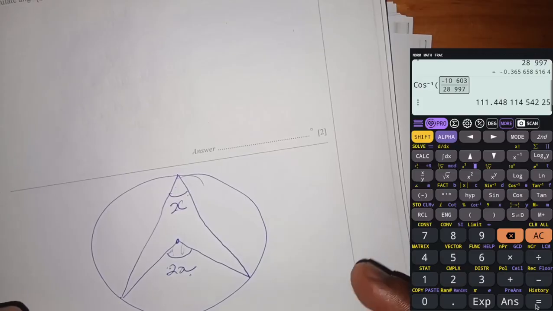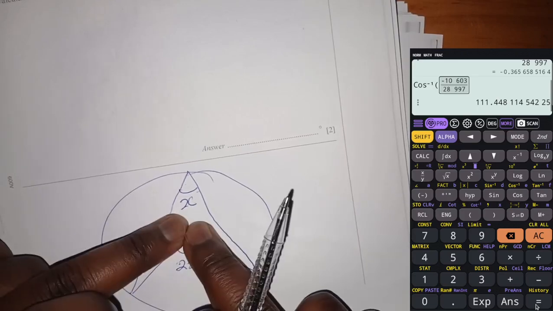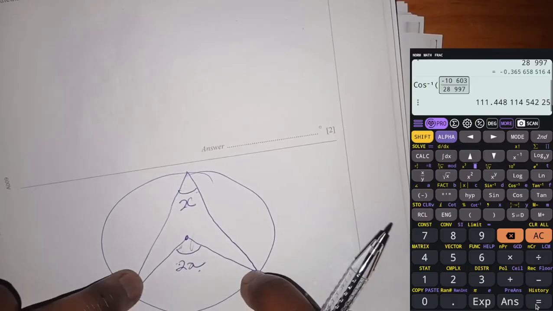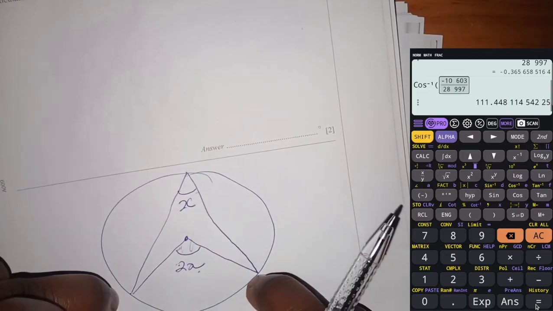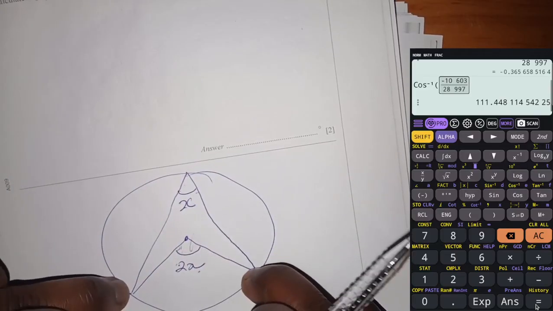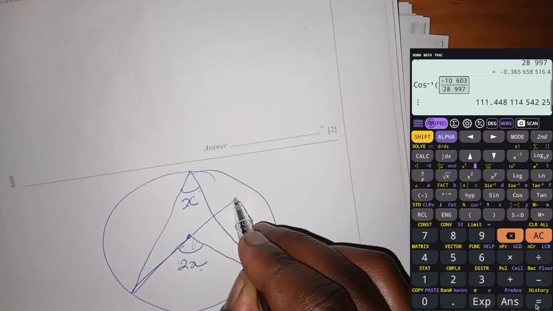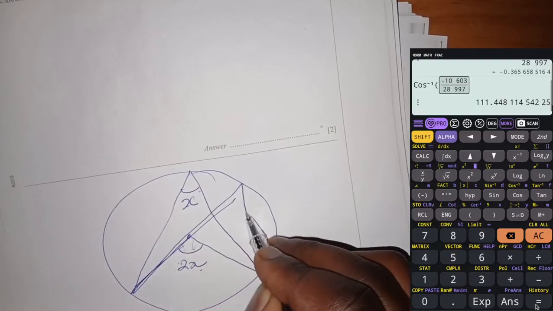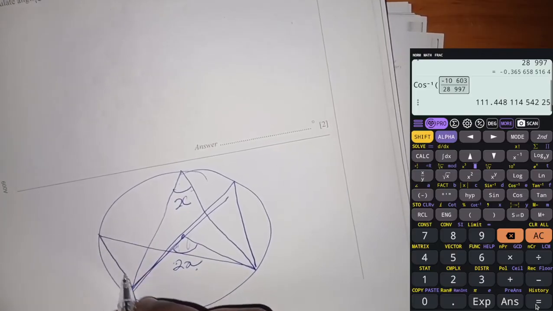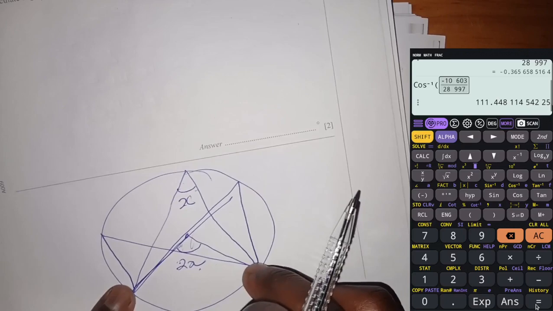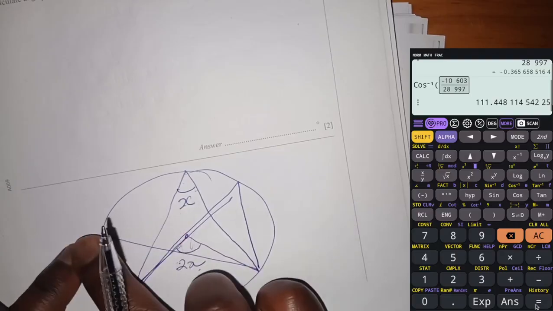Take note of something. What you are always going to do: hold these 2 points, go to the center. Hold these 2 points, go to the circumference. If we have another one like that, hold these 2 points, go to the center; hold these 2 points, go to the circumference.